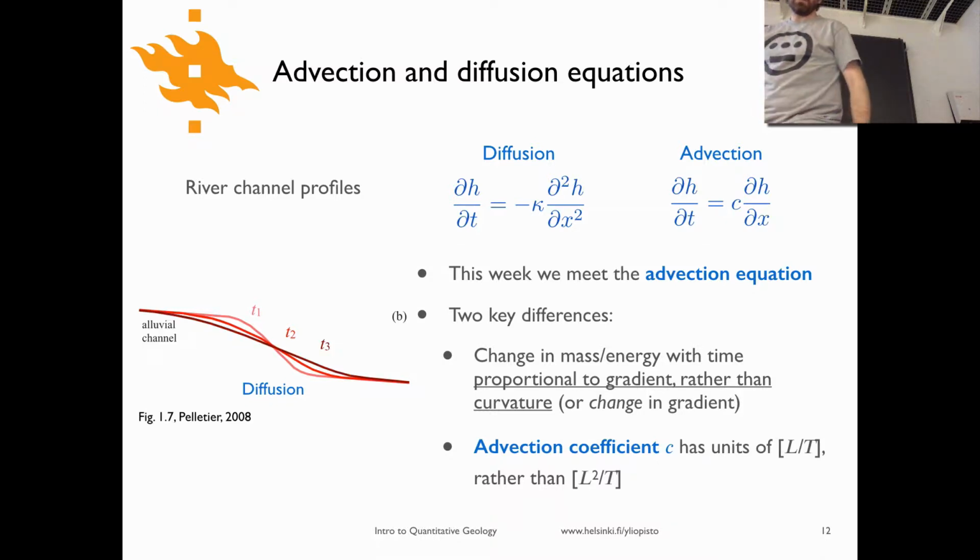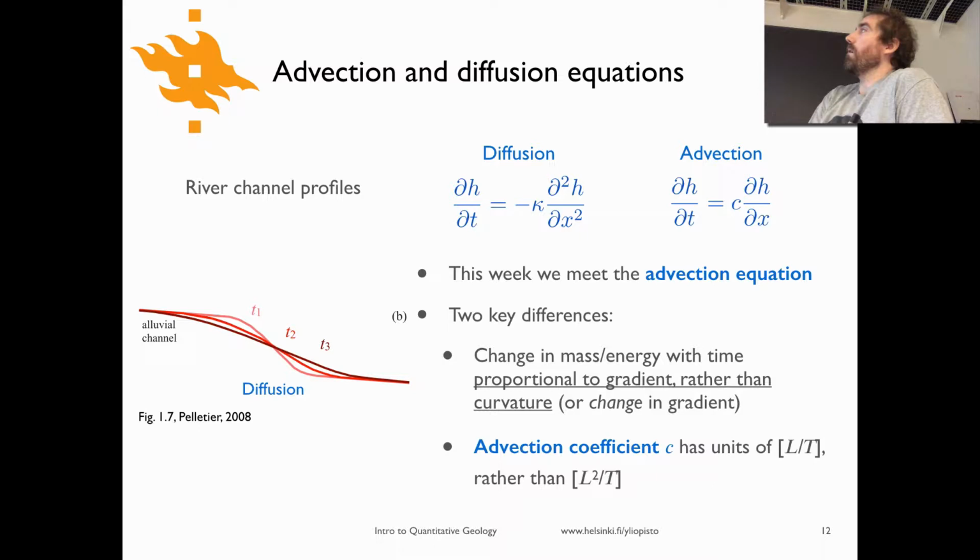And if you let it go for yet another time, what you eventually would end up with is pretty much a flat or constant gradient for that river in the case of diffusion. Essentially, what we'd like to have happen when diffusion's active is that it basically just gets rid of any changes in the elevation. So things get smoothed out for diffusion.